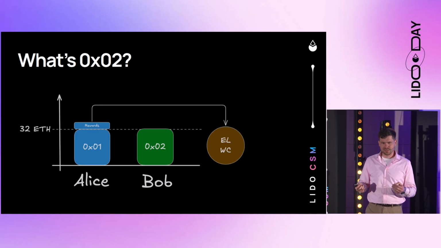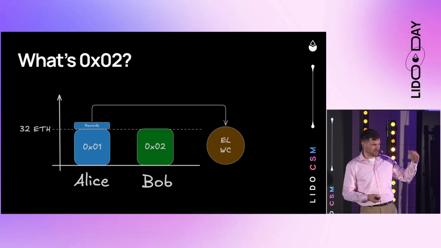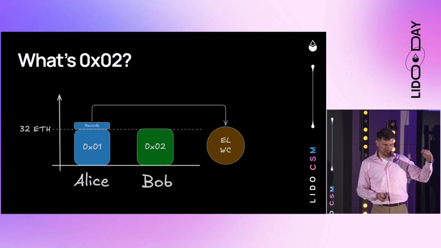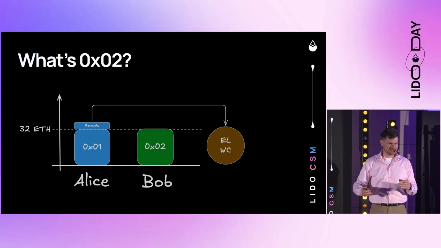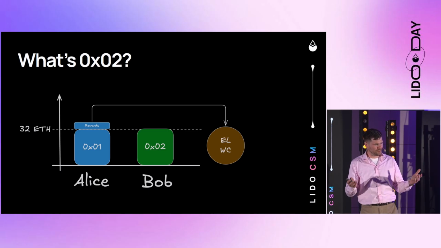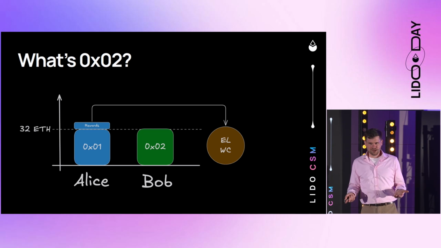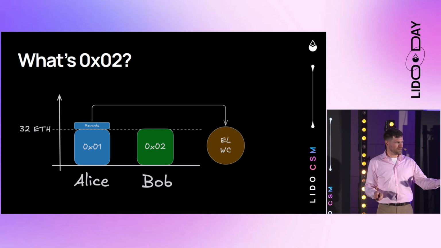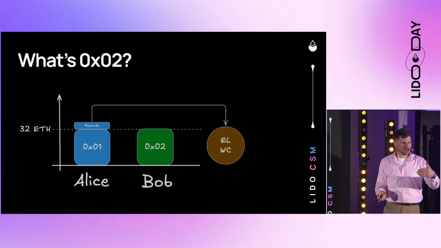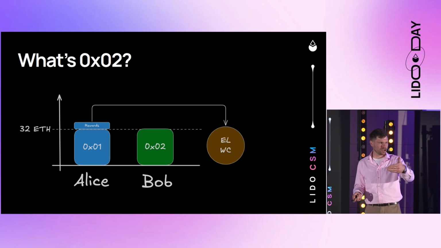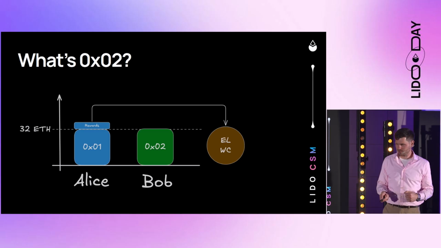This is because the min activation balance and the max effective balance for a 0x01 validator is essentially the same value, 32 ETH. So it's pretty convenient when you can deposit 32 ETH, then get some rewards, and at certain intervals, you can get your rewards on your execution layer.